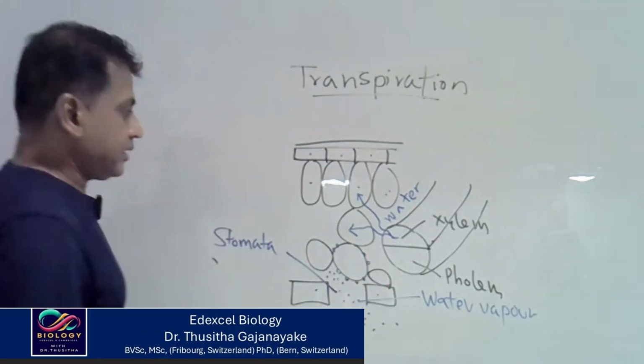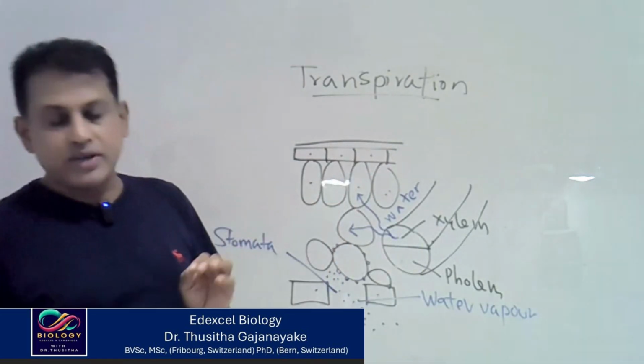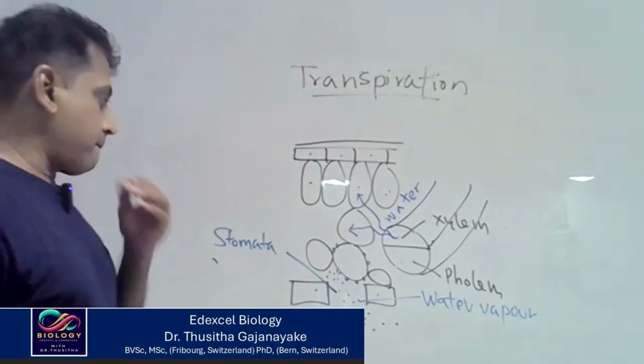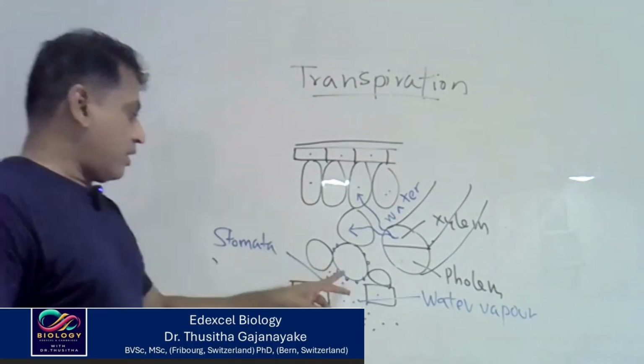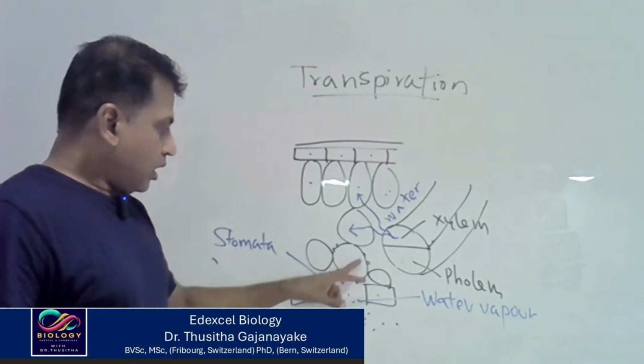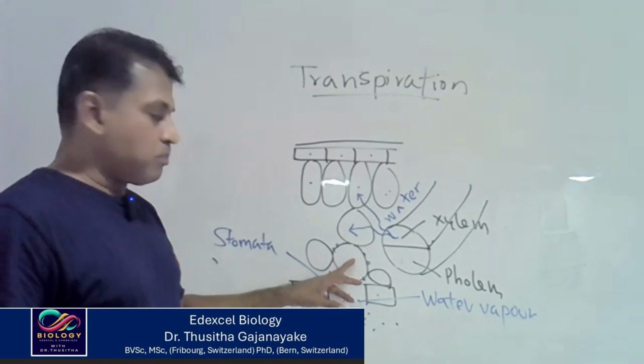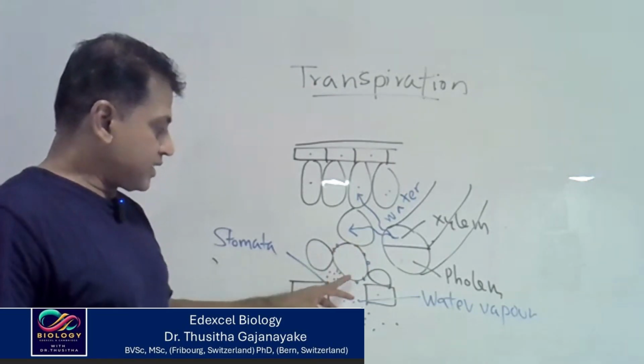And what I said, the definition of transpiration is evaporation of water from the cells, for example palisade and spongy mesophyll cells.